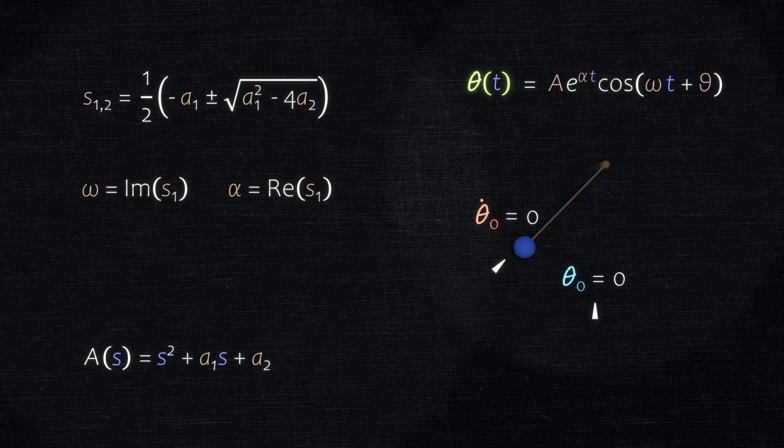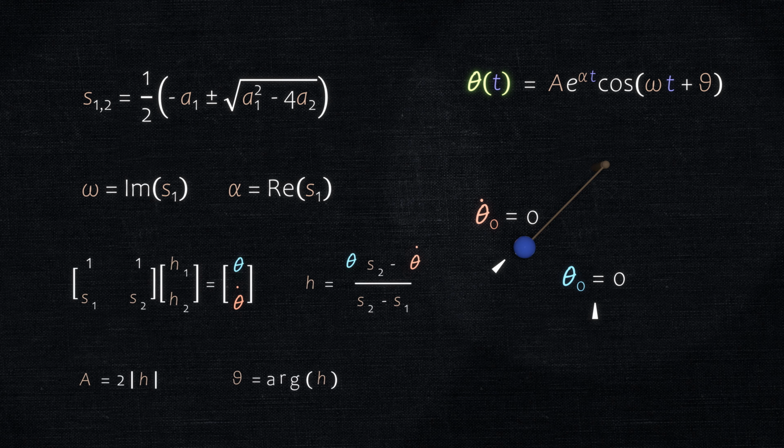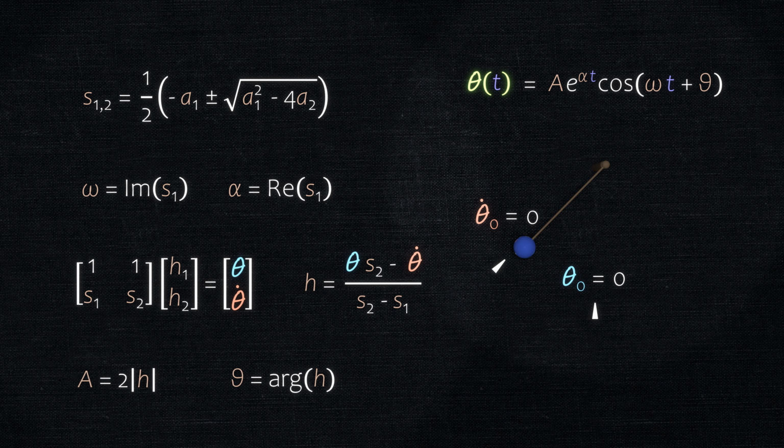Since the sequence of derivatives is real, we have complex conjugate roots and can use only s1 for frequency omega and damping factor alpha. Finally, we can solve the next system of equations with respect to h and separate h into initial amplitude a and angle theta.